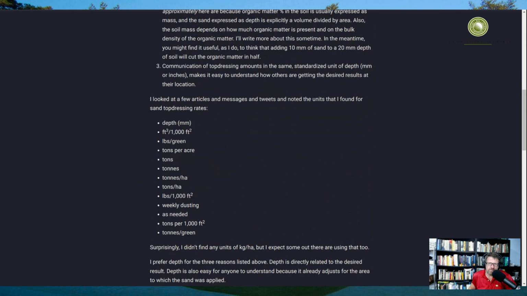And at that time, the recommendation for high maintenance turf in the American Southeast was to apply from 40 to 50 cubic feet per 1,000 square feet. That works out to a depth of 12 millimeters to 15 millimeters, which is from a half inch to 5/8 of an inch. That was the amount that they were recommending back then.